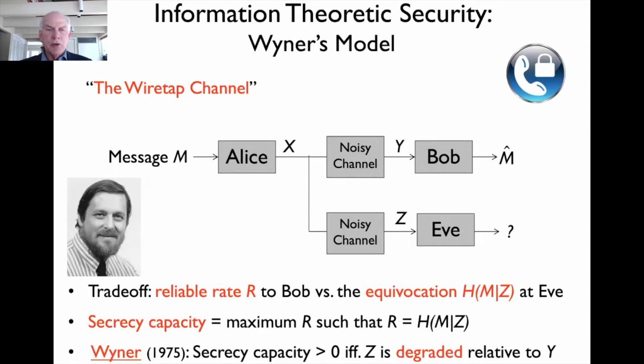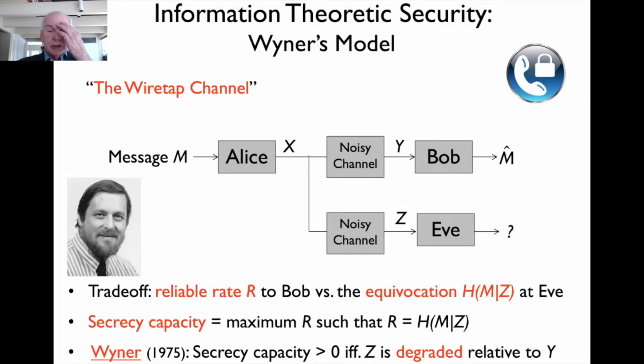He was interested in the question of whether you could somehow take advantage of the noisy channel to transmit reliably to Bob, keeping it secret from Eve. And in fact, Wyner also had good news and bad news. The way he formulated this problem, he wanted to trade off the reliable rate to Bob, which is the classical thing you look at in data transmission, versus the equivocation at Eve.